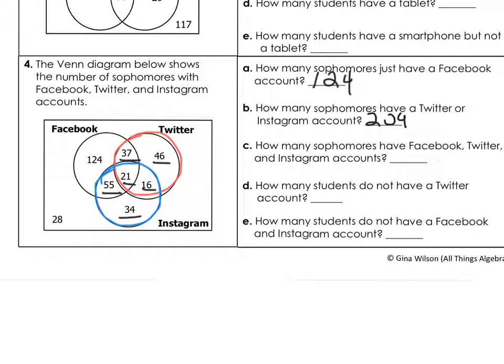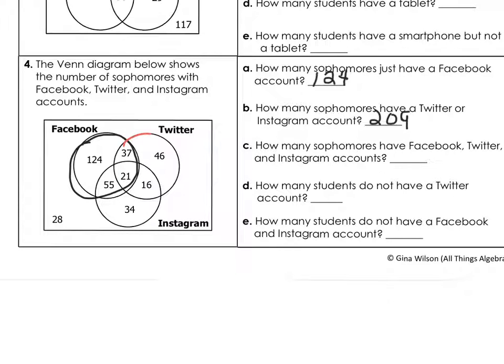Okay, so now on C, how many sophomores have Facebook, Twitter, and Instagram accounts? So to recognize that, we have to look at all three circles. So let's just color all three circles. So we have Facebook. Oops, that's not a very good circle.